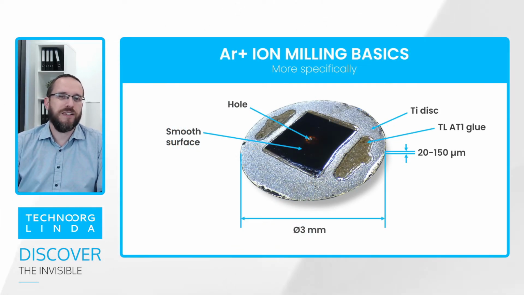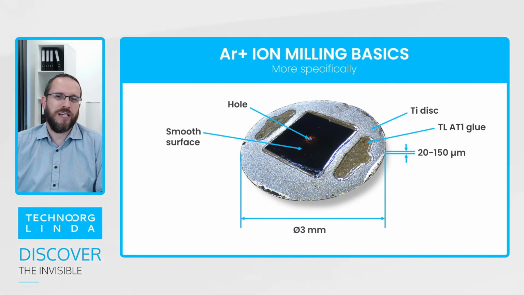More specifically, that's how a TEM sample looks when it's ready after ion milling. So we have a titanium disc, and the sample is embedded in the middle of the disc. There is a small hole in the middle of the sample material, and the edge of the hole will be thin enough for electron transparency.